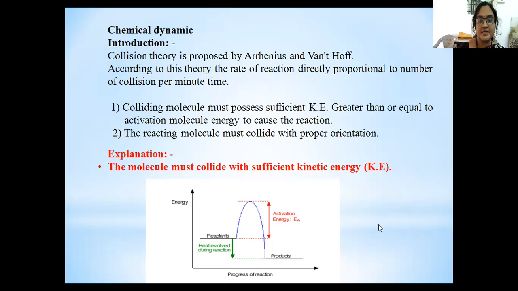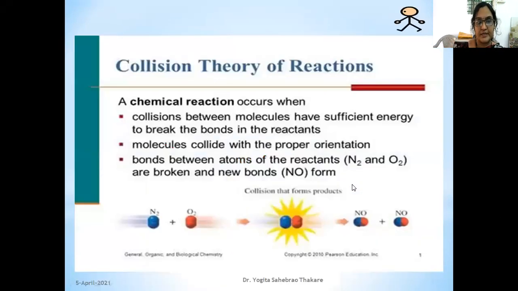Now we will discuss those two conditions one by one. Consider the reaction between N2 and O2. Here the collision between the reactant molecules must have sufficient energy to break the bonds between the reactants, and there is a formation of bonds in the product.